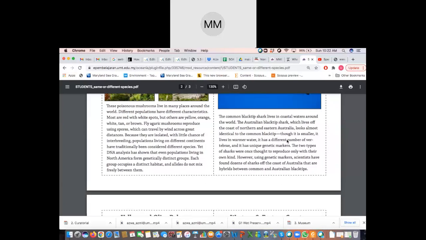Smaller, different number of vertebrae, unique genetic markers, reproduce only with their own kind, thought to. However, using the genetic markers, they have found dozens of sharks, the hybrids. Okay, different, because earlier the doctor said the vertebrae are different. Okay, very good. Similar species because of dozens of hybrids.